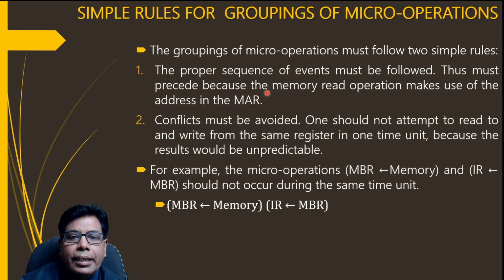One should not attempt to read or write from the same register in one time unit because the results would be unpredictable. For example, the micro operations where the contents of memory are copied to the memory buffer register, and this memory buffer register to IR, do not occur during the same time unit.